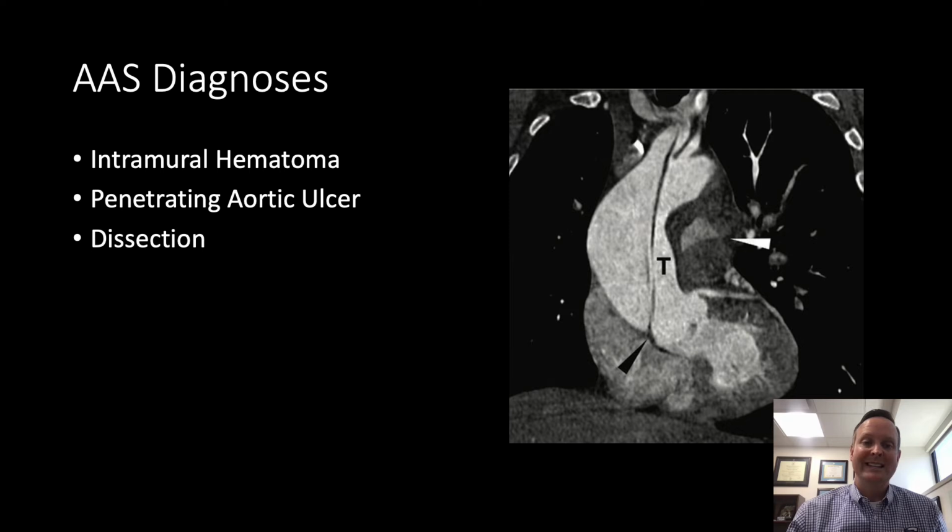So here the T is labeling the true lumen of what would be the expected path of the aorta, and then the intimal flap, and then lateral to that in the ascending aorta we see the false lumen. All three of these run the risk of progressing on to potential rupture.